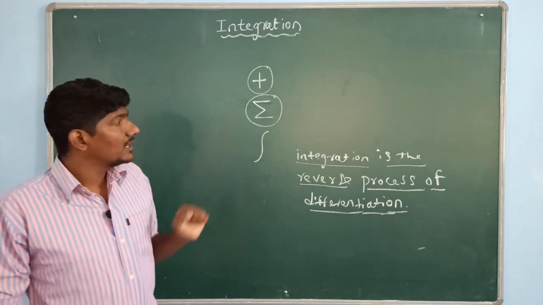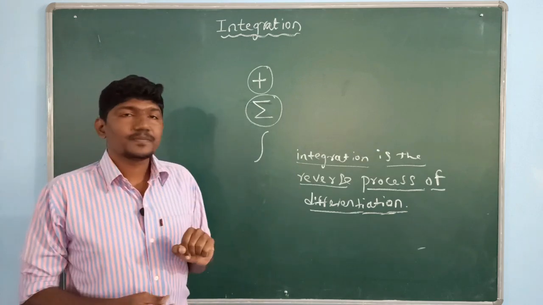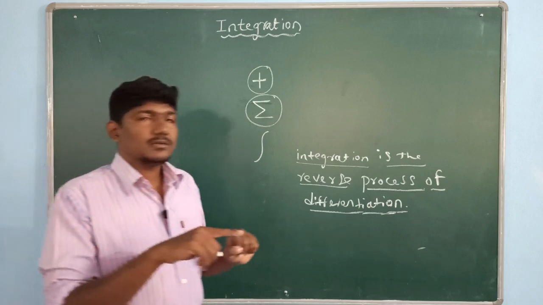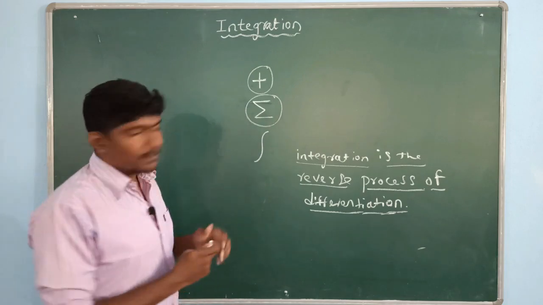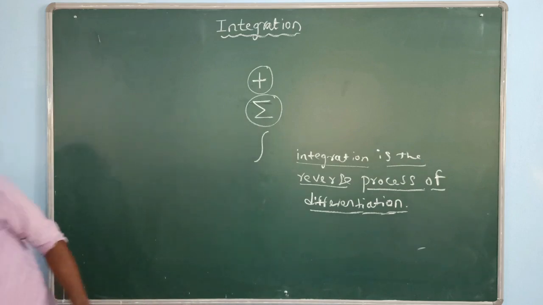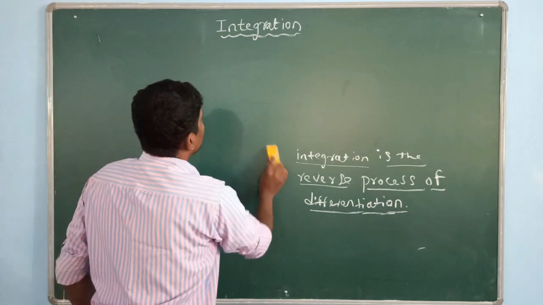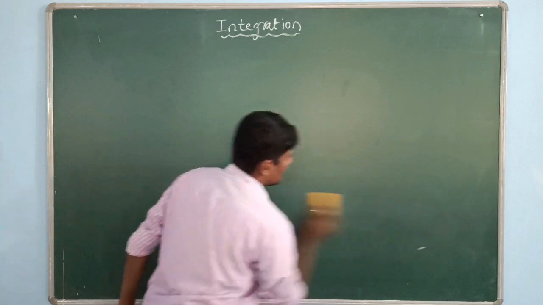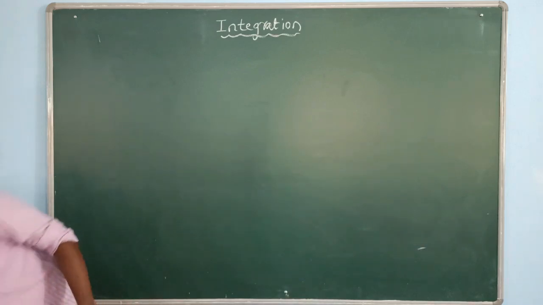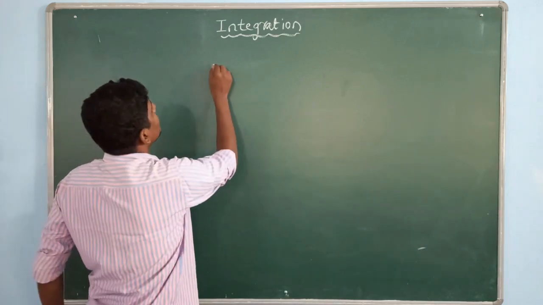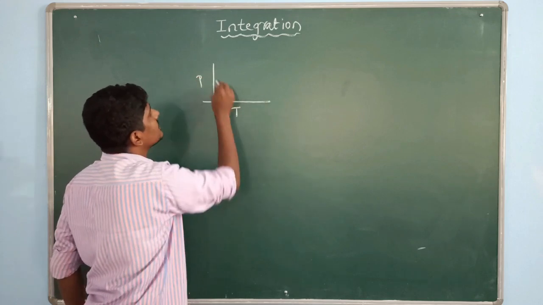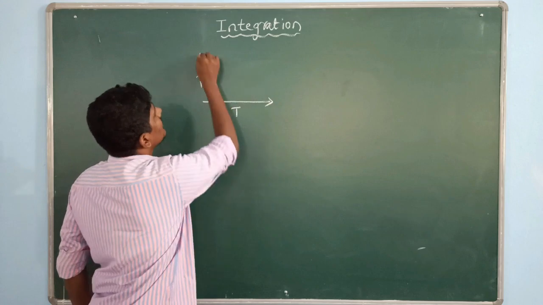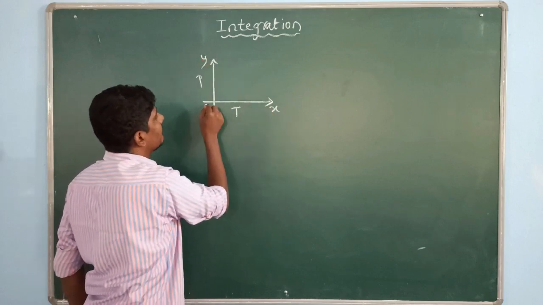For this, the first step is, from the last class we have completed the PT graph. Now using the PT graph, it is like this: P on the y-axis, T on the x-axis, and here we have the origin.